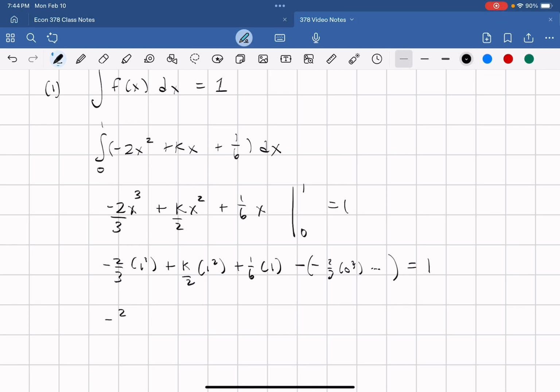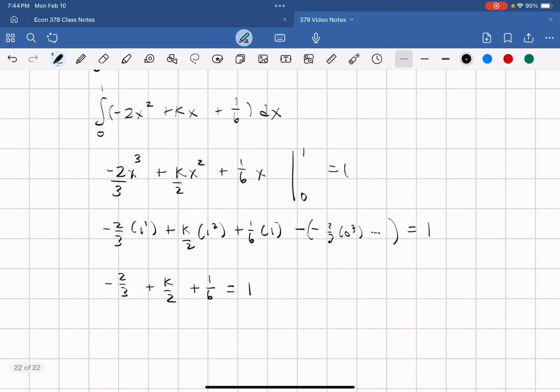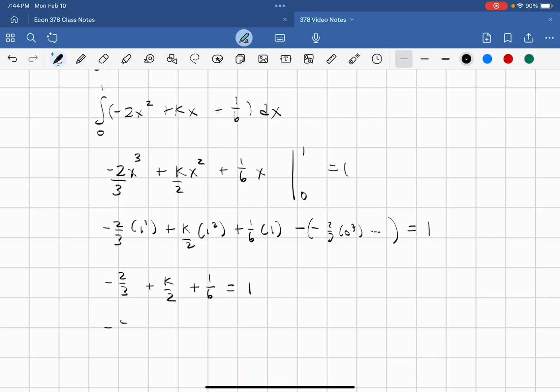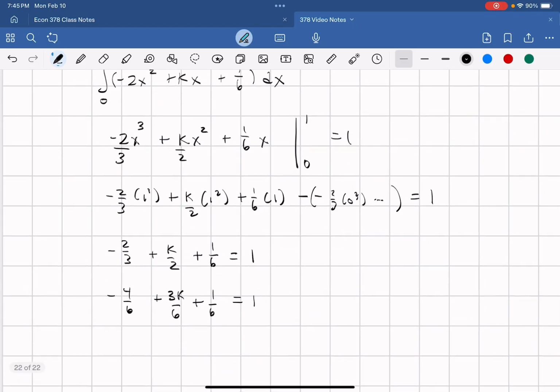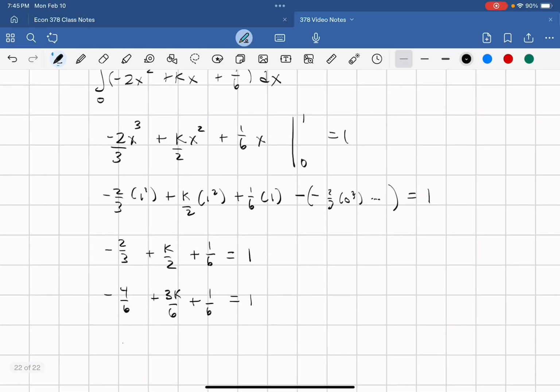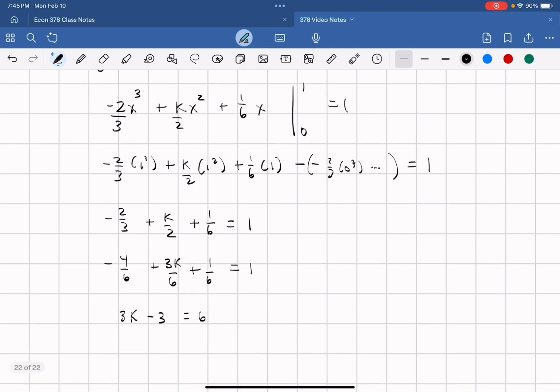So here we get negative 2/3 plus k over 2 plus 1/6 is equal to 1. So we can add a common denominator, minus 4/6 plus 3k over 6 plus 1/6 equals 1. Multiply by 6. So we get 3k minus 3 equals 6. 3k equals 9.